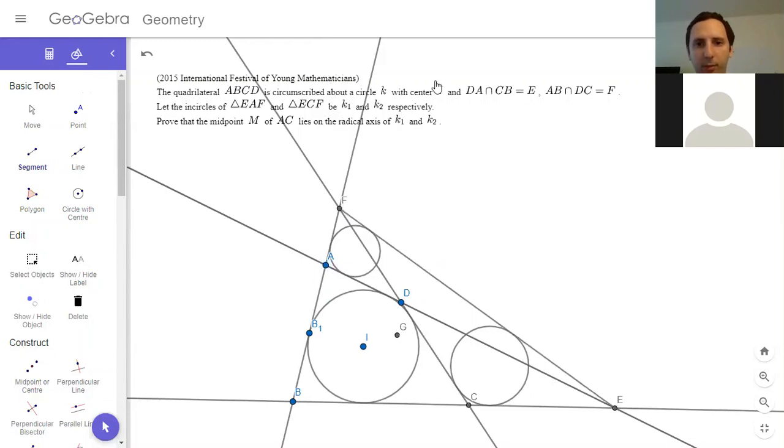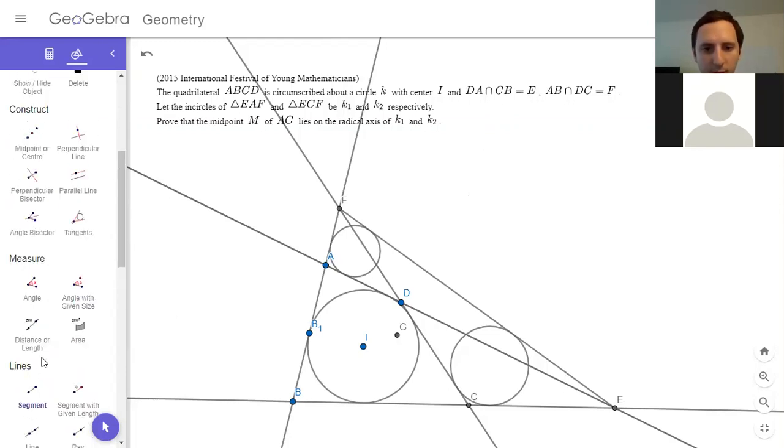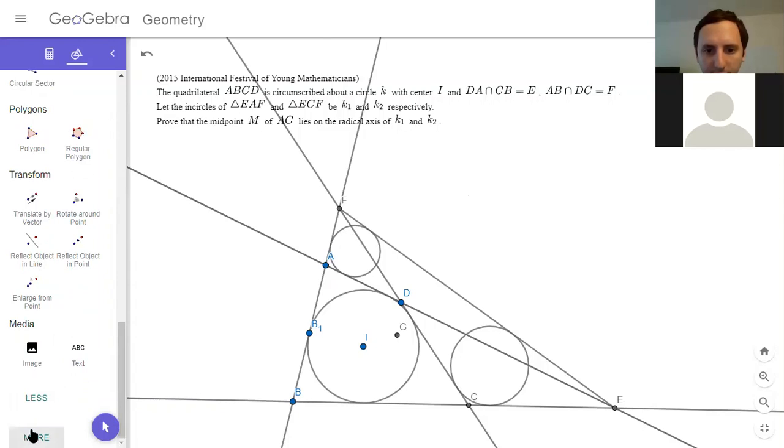So wait, did I even do the problem right? So we have ABCD. DA intersects CB at E. AB intersects CD at F. We draw those two in-circles. I think there are some cyclic things here like FDGB. So you think there's some cyclic quadrilaterals like FGDB?